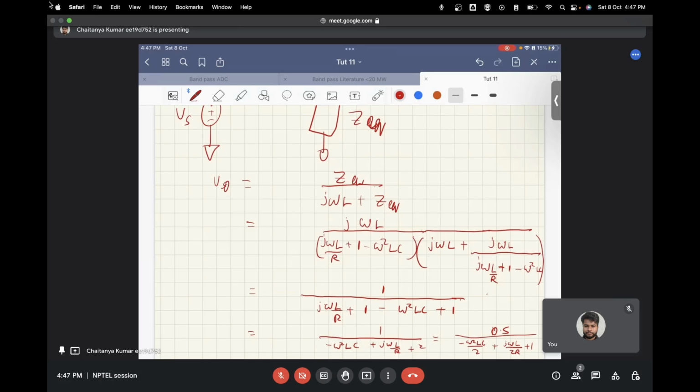For that, we can run again a sanity check as to why this transfer function makes sense.